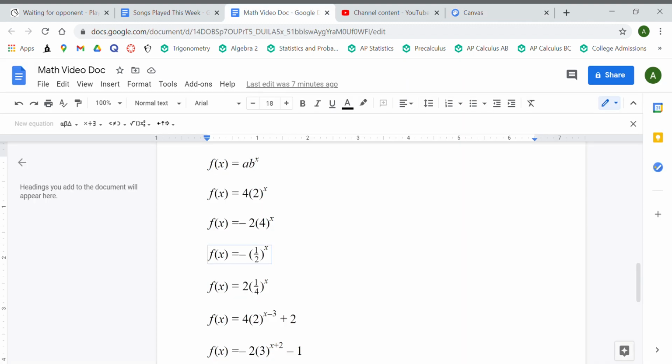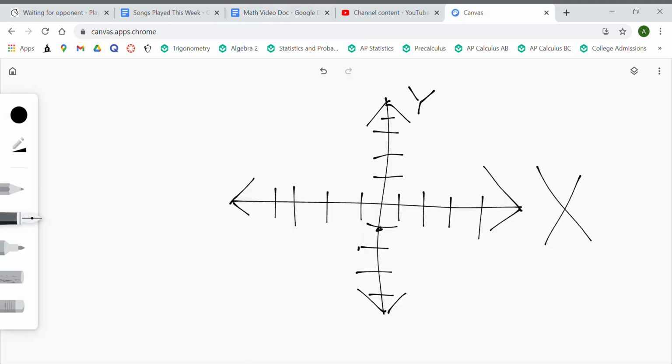And then 1/2 to the power of -2 is 2 squared, which equals 4. Multiplied by -1, you get -4.